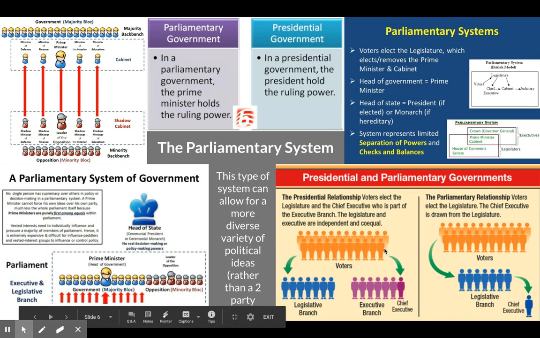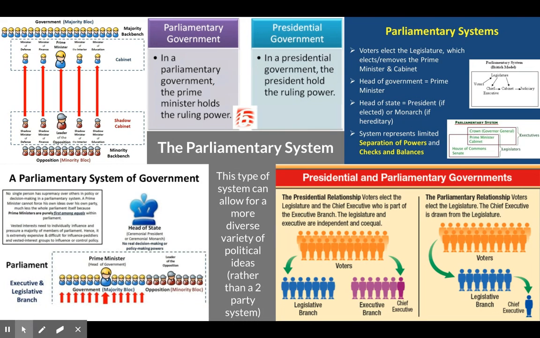The voters vote for a legislative branch, and the voters vote for a separate executive branch, okay? And that's how we do it in the United States, okay? We vote for people to go to Congress, the Senate, and the House, and then we vote for the executive branch, the president.